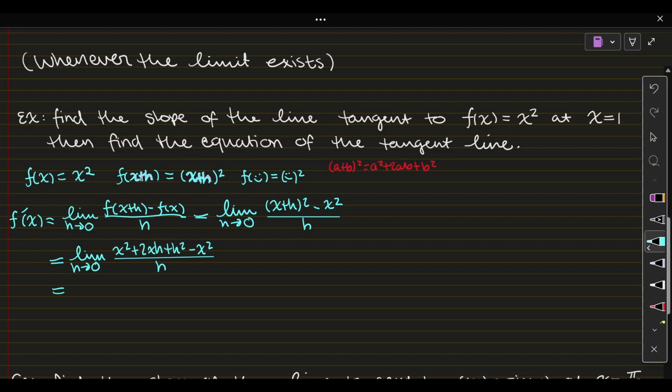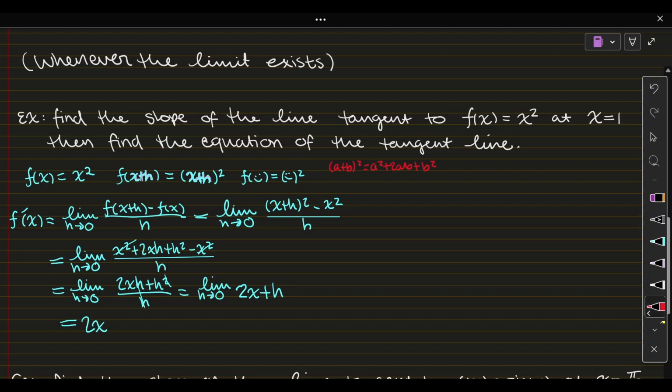This is the limit as h goes to 0 of, so this x squared and this x squared will cancel, and I'll be left with 2xh plus h squared over h, which, dividing off these h's, is the limit as h goes to 0 of 2x plus h, which is just 2x.